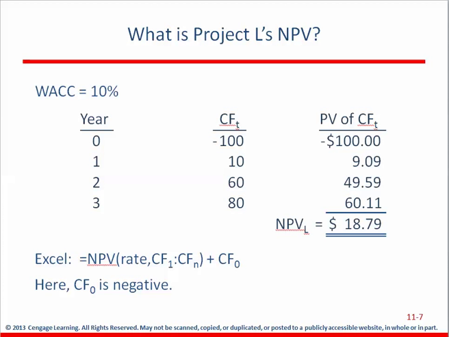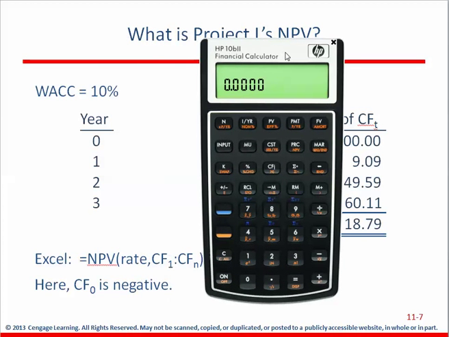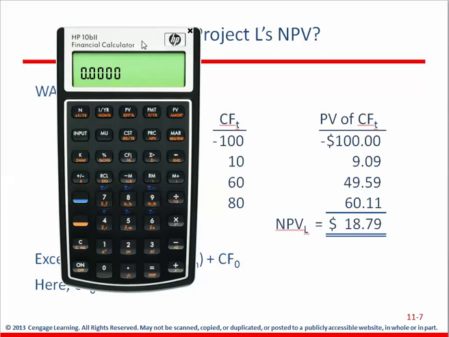Now I'm going to bring up my little trusty calculator here and do it on the calculator. So there are the cash flows. I'm going to clear all, make sure nothing's in the memory, and it's set on one payment per year. So 100 is my cash flow 0, and I click the CFj key, and a 0 comes up to let me know that was cash flow 0.